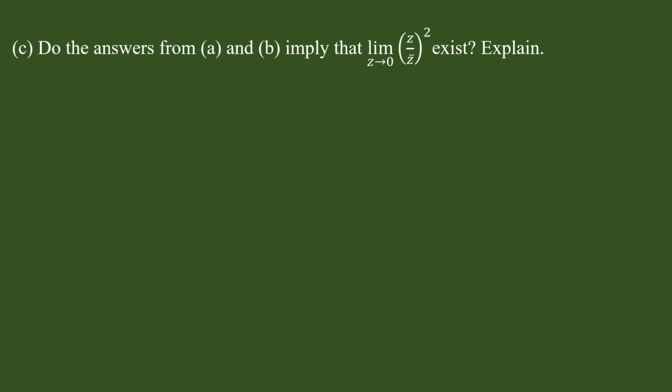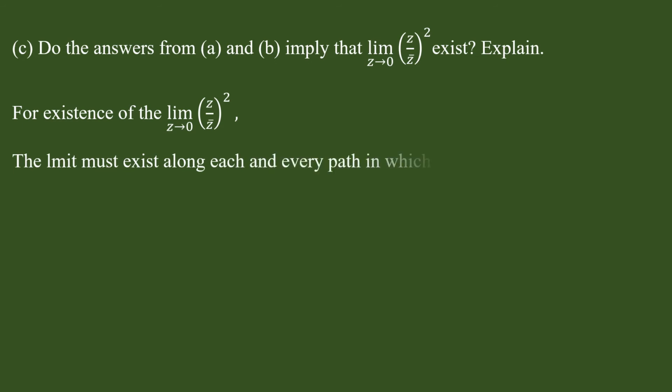Now the question 3 that was asked here: does the answer from A and B imply that the limit exists? So that we have to explain. The answer may be in your own words, but in my words, for the existence of the limit, it must exist along each and every path in which z tends to 0.